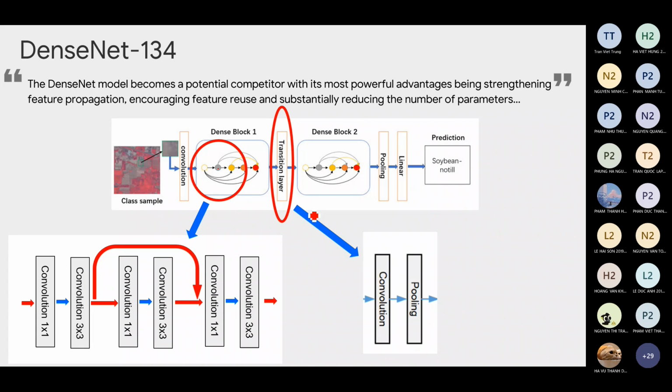And the transition layer is a convolution with a pooling. This convolution will have an output channel of a fixed number. In our case, it is 64. So after the transition layer, the next dense block will have the input of 64, just like the other dense block.